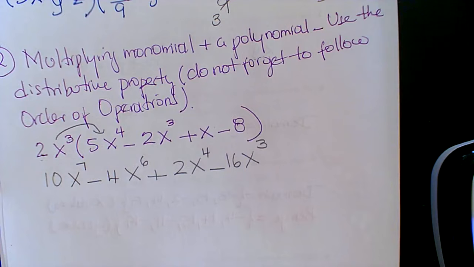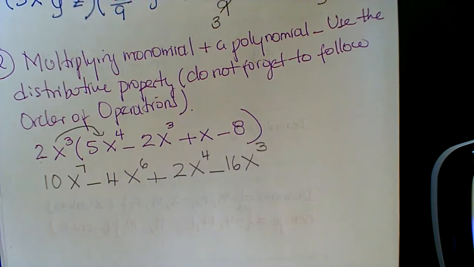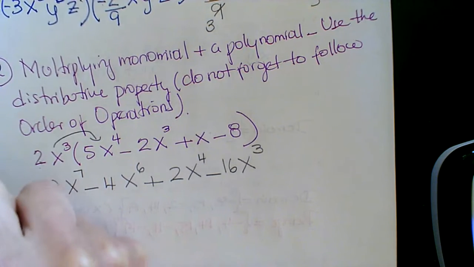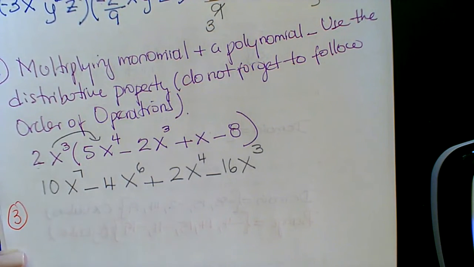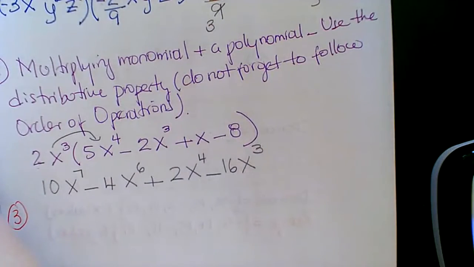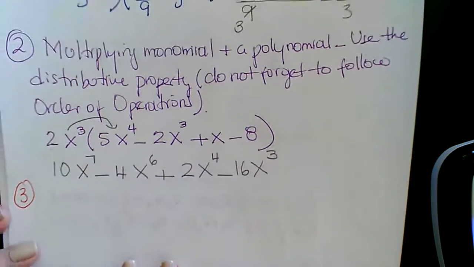Now let's multiply a binomial by a binomial. And we are not going to do what you guys learned in high school, FOIL. We're not going to be doing that. We are always going to be doing the distributive property. Okay?